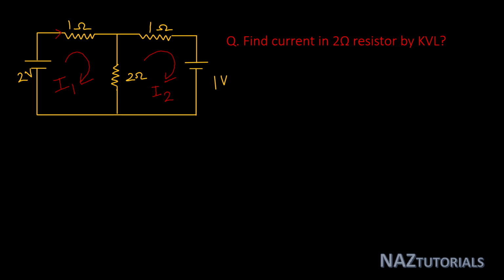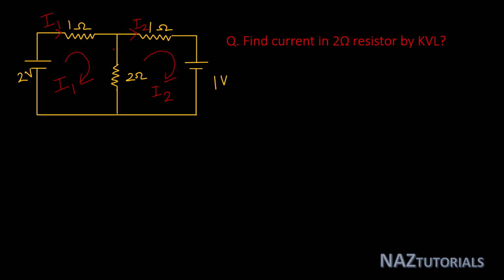For the resistor, this current I1 is flowing. I2 is flowing in the 1 ohm resistance, and for the 2 ohm we can assume both directions. I1 is flowing clockwise and I2 is flowing in the second loop clockwise.